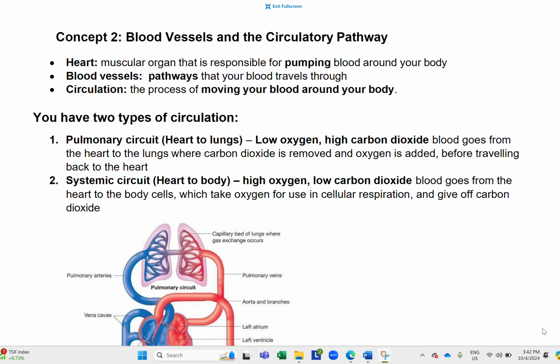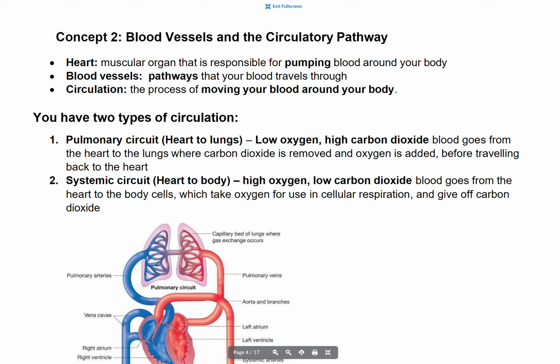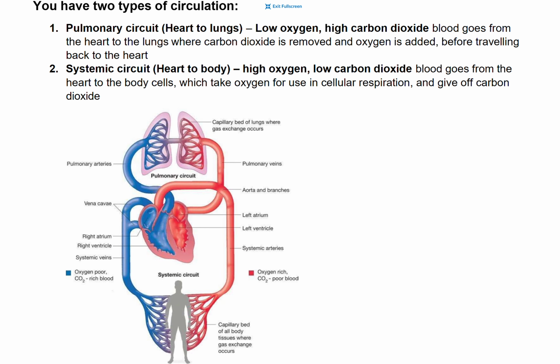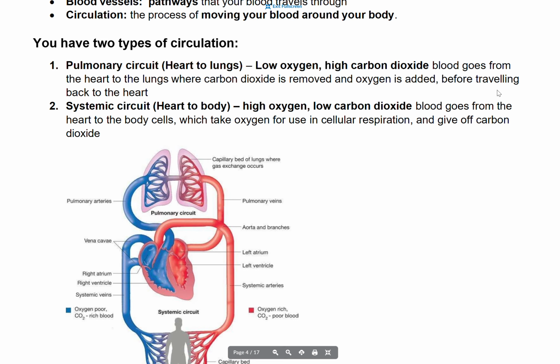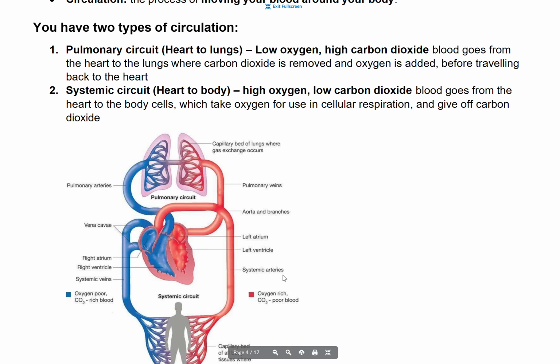Now, we have two main pathways as a part of our circulation. Okay, we have the pulmonary circuit, and that's the circuit that goes between our heart and our lungs. It's a very important circuit. So you can see the picture below, right?